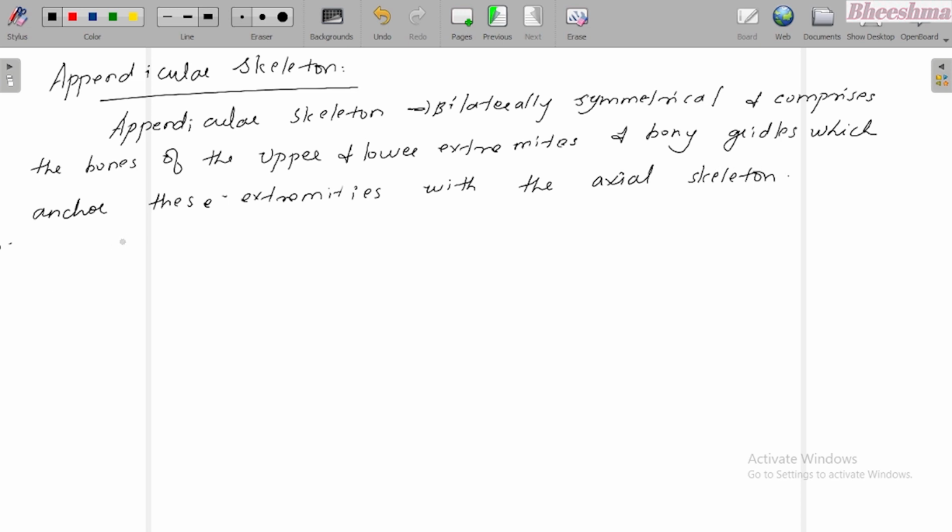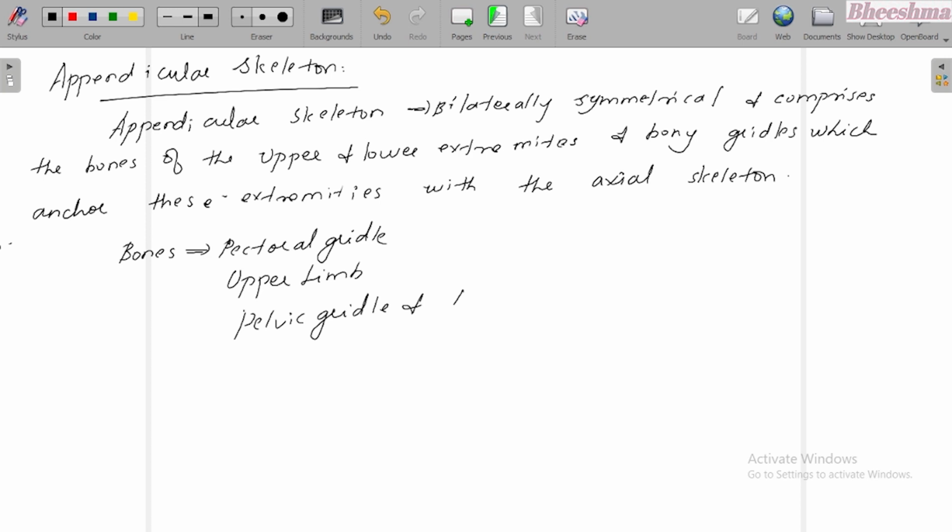Thus, it includes the bones of the pectoral girdle, upper limb, pelvic girdle, and lower limb.